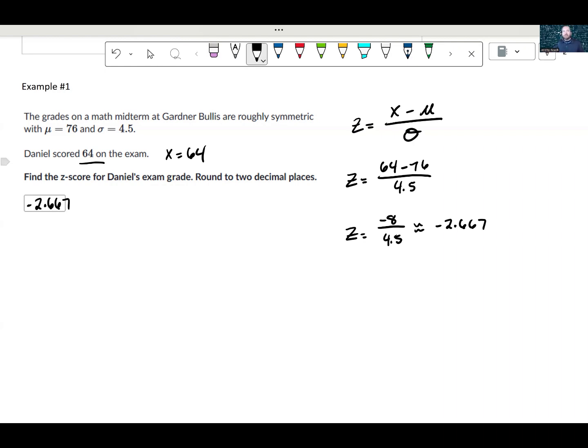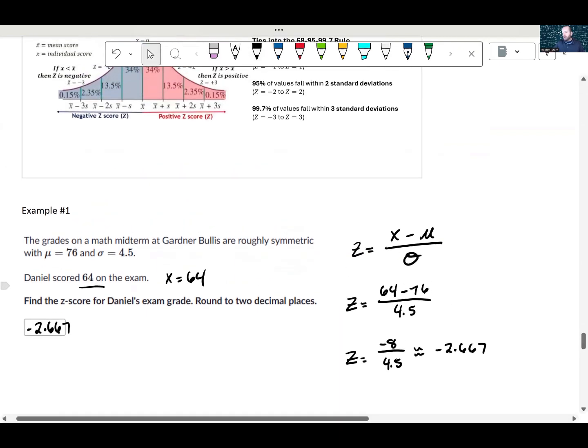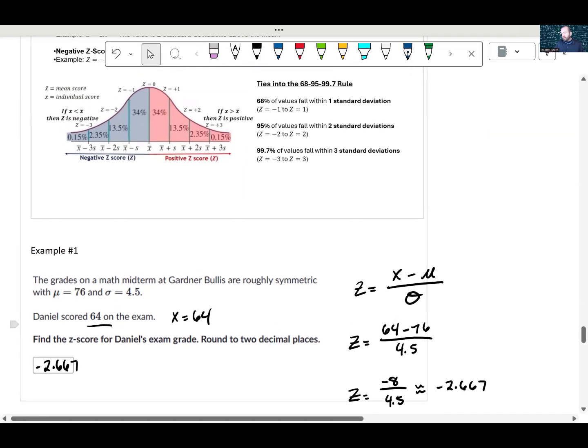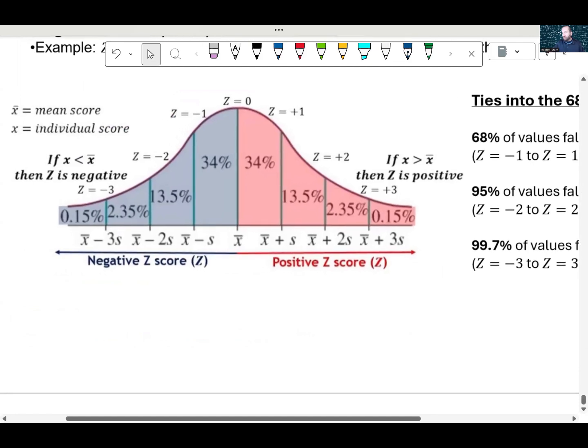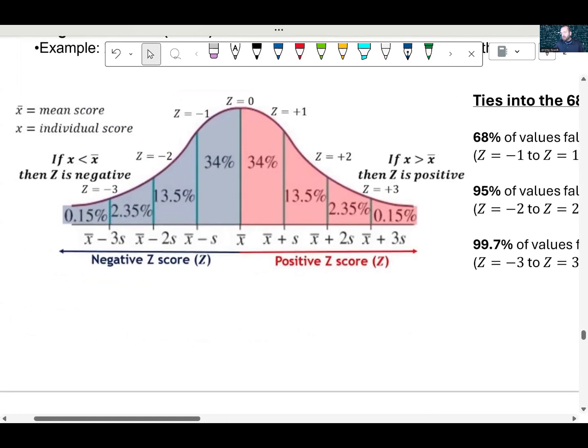Now, in later lessons, we're going to look at how we are able to interpret this number in terms of finding percentages and percentiles. But let's just take a look at our normal distribution now and see where that would put us. So negative 2.67 would be somewhere about here.